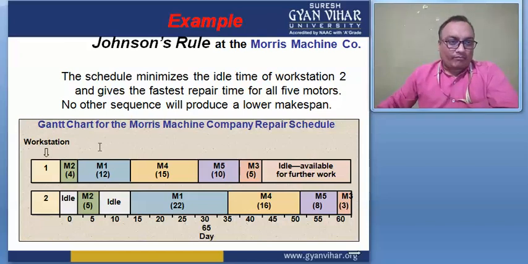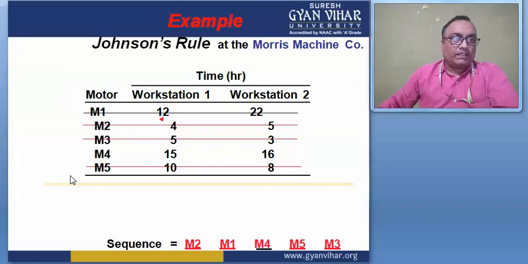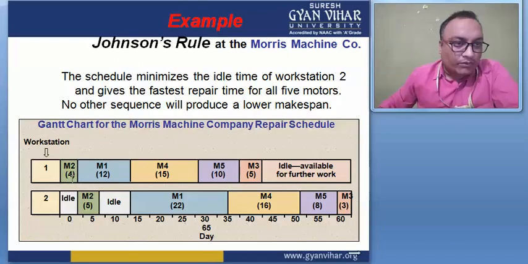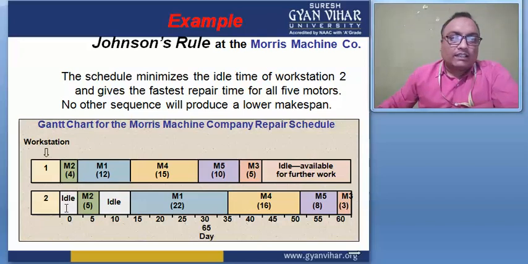Then for this company, first consider workstation 1. The minimum time is M2 with 4. We follow the sequence M2, M1, M4 only. So here I denote 4. While this job is not completed, workstation 2 has idle time.